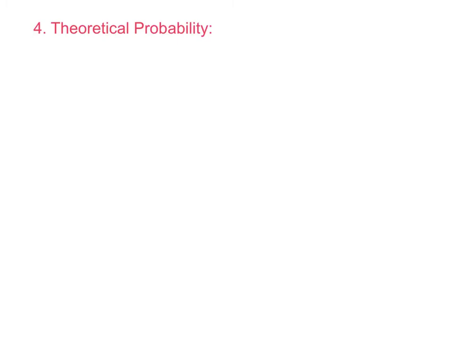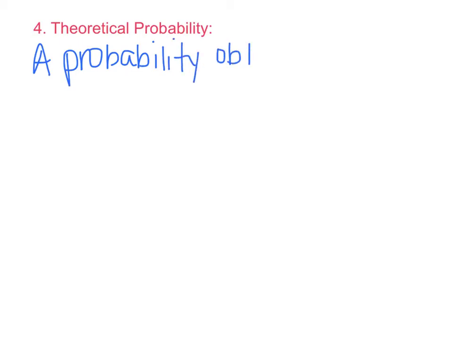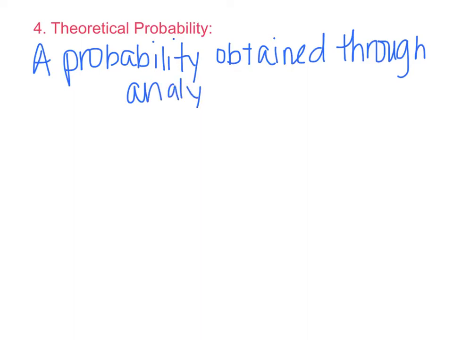Our next definition is theoretical probability, and this is going to be the opposite. So it's going to be a probability obtained through analyzing. So you're not actually going to perform this. You're just going to assume what are the chances that what it's asking can happen.